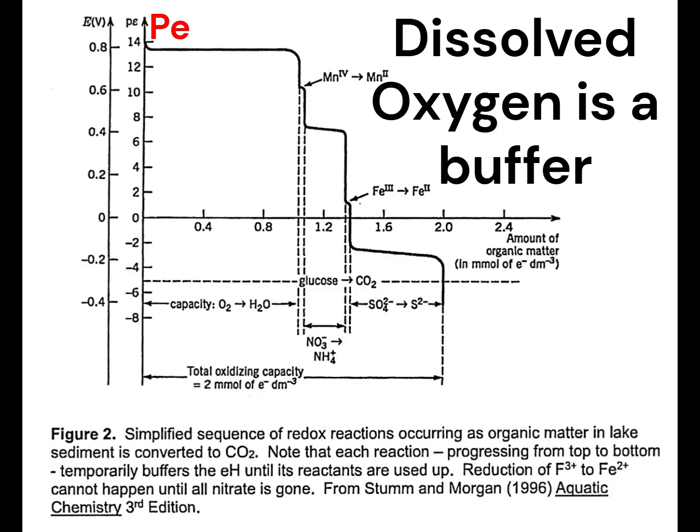So this next step here is where nitrate is being reduced to ammonia. And then it's going to drop again. And the point I want to make is that it's not till you get down here where the PE is about 2 that iron begins to be reduced. And that's the point that you care about if you're thinking about using iron as a phosphorus sequestering agent.